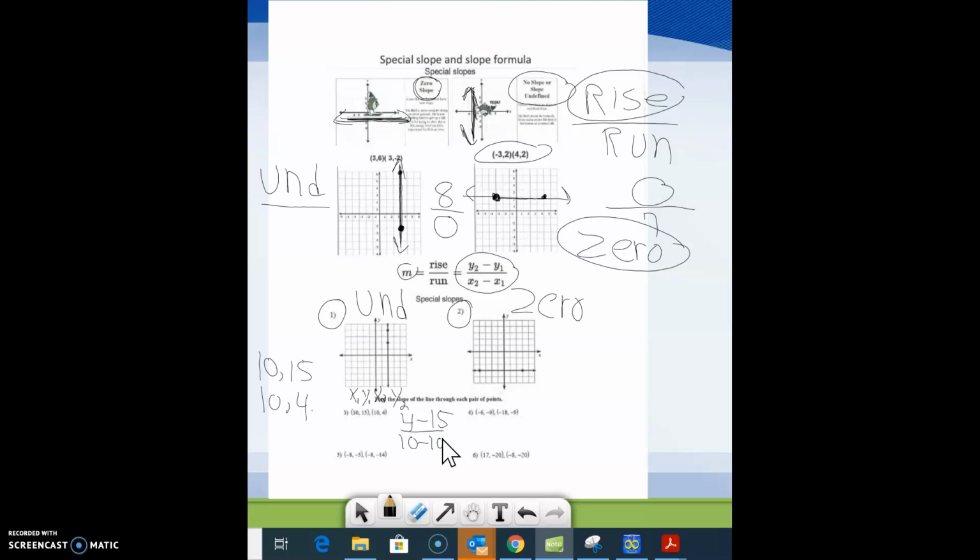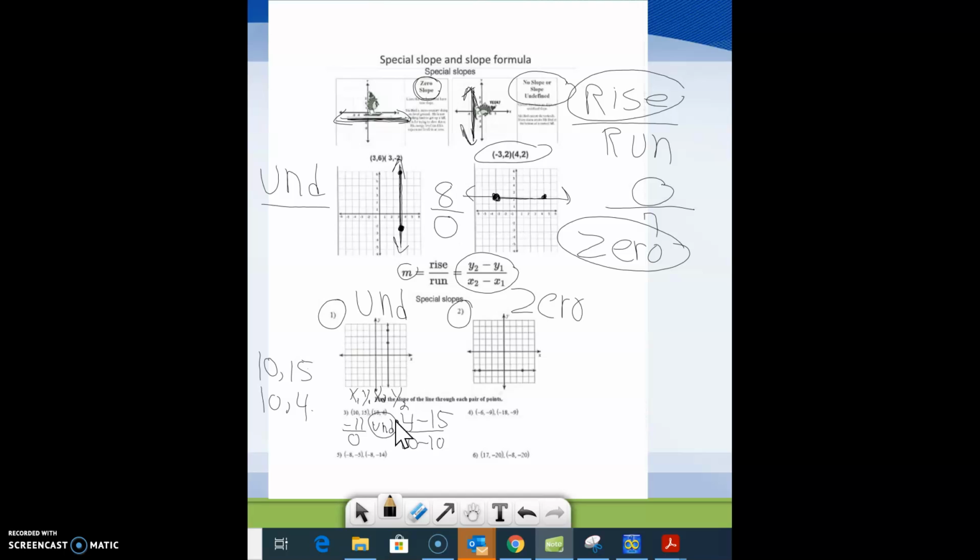Now, if you solve this, 4 minus 15. What is that? Negative 11 over 0. So number 3 is going to be undefined, right? Because 0's on the bottom. So remember, we're going to abbreviate it, undefined.